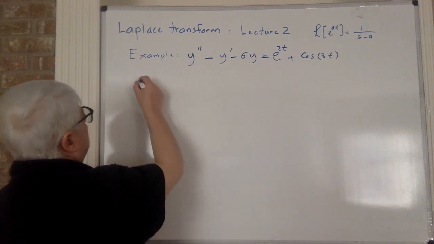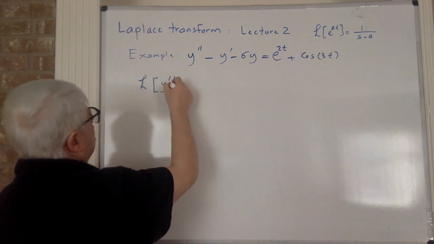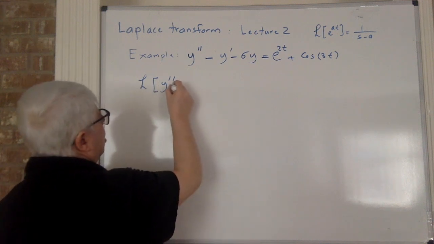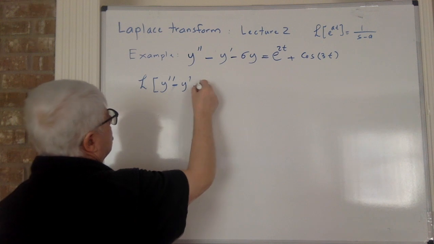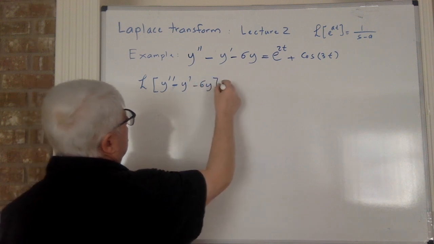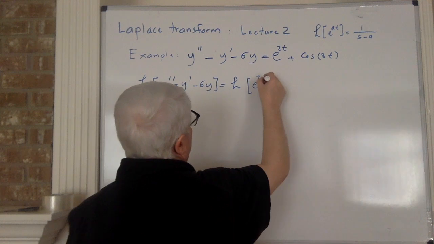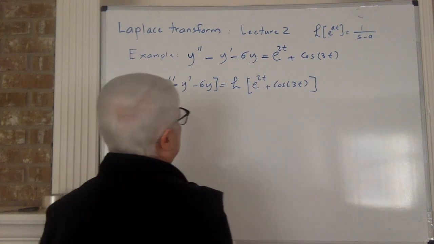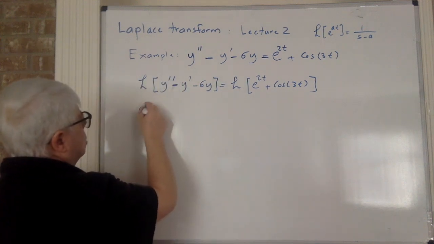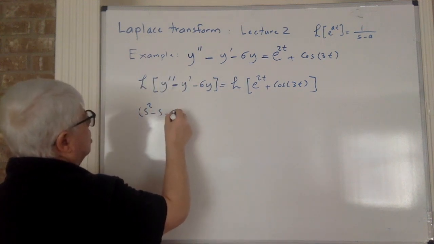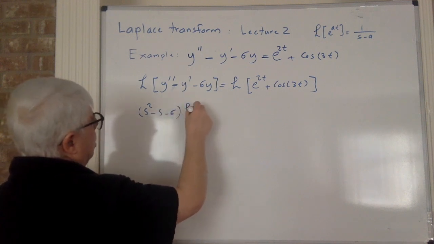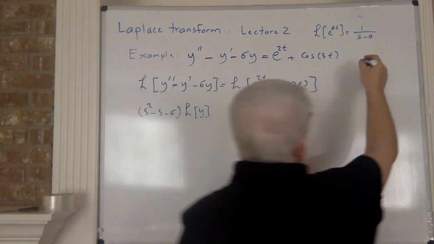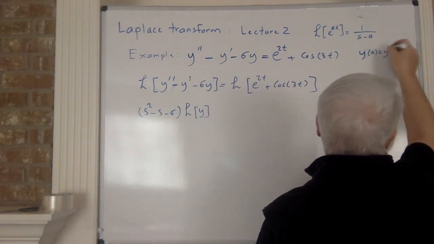So let's apply L: y double prime minus y prime minus 6y equals e to the power 2t plus cosine 3t. This side I know is (s squared minus s minus 6) L of y. Well, I didn't make any assumptions on them, so let's say y(0) and y'(0) are all 0.